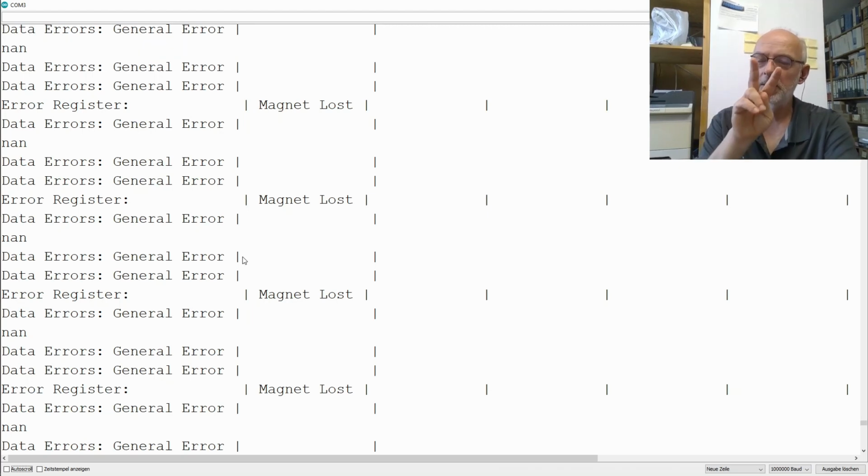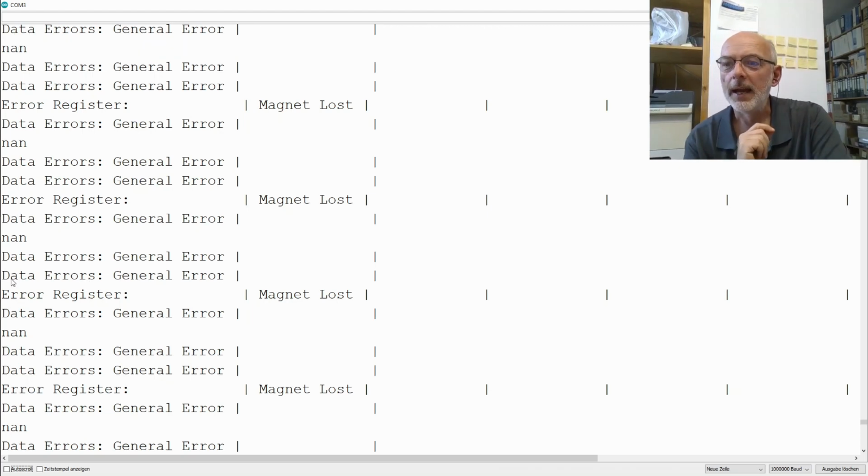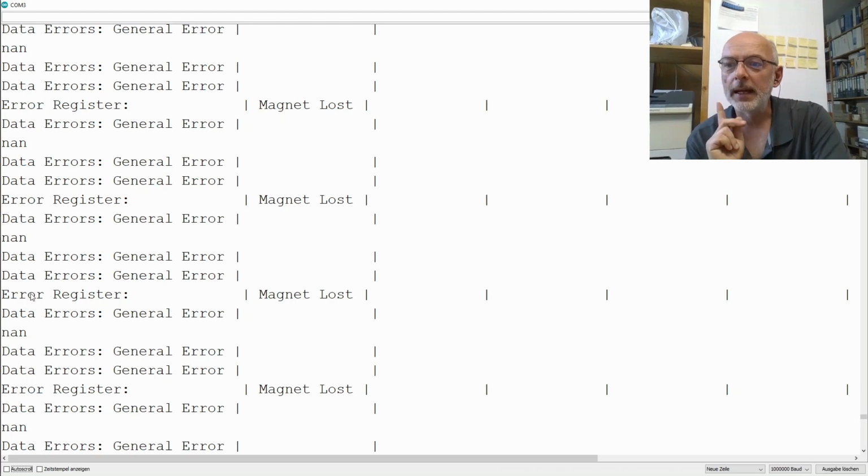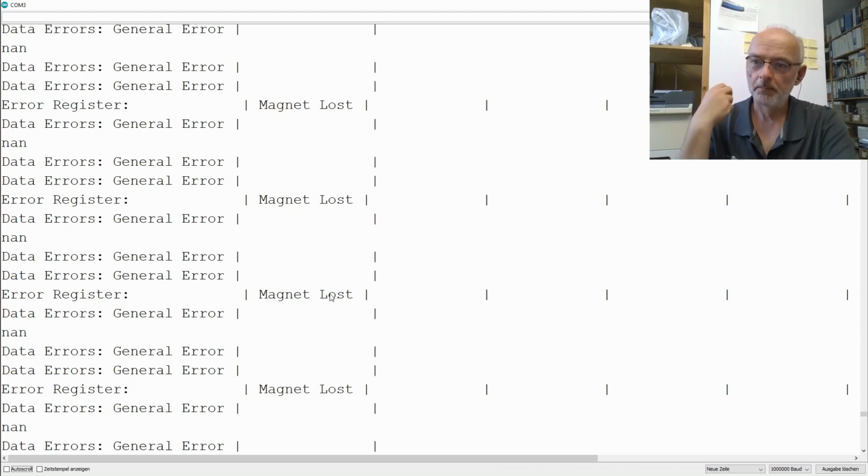Again, watch the code in part 2. And of course I get again back the 2 error bits, one of them general error, the other one is not set, that would be low voltage warning. And I get the data for the error registers. And the only error I get is, of course, magnet lost.